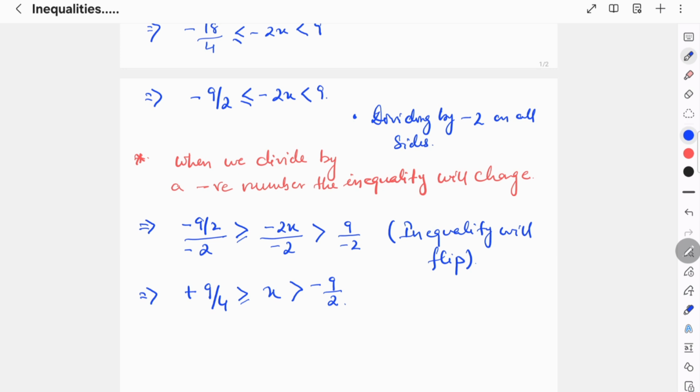So whenever we multiply or divide by a negative number, the inequalities will flip. So finally we get 9 by 4 is greater than or equal to x, and x is greater than minus 9 by 2.